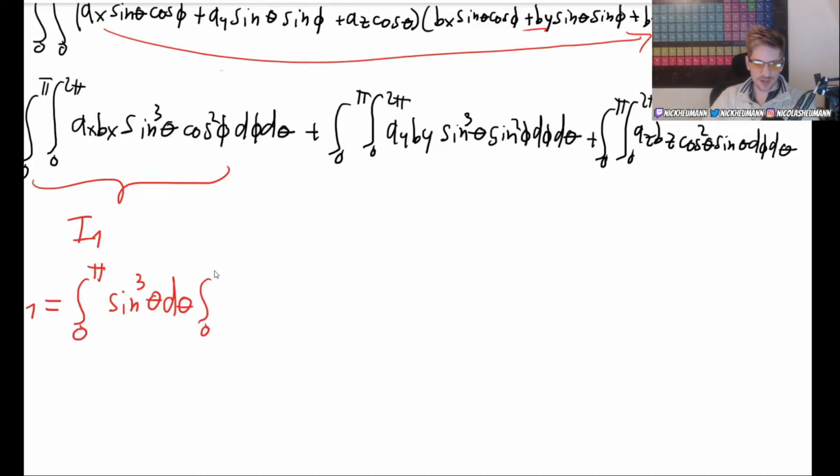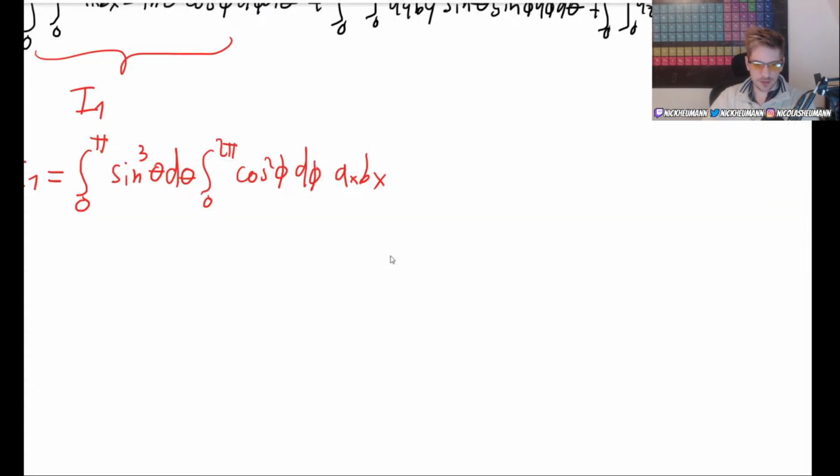And then we have 0 to 2 pi of cosine squared of phi d phi. And of course our constants. So we have these two integrals to solve. So maybe let's call them I1,1 and I1,2. Not very creative. So let's go for I1,1 first.